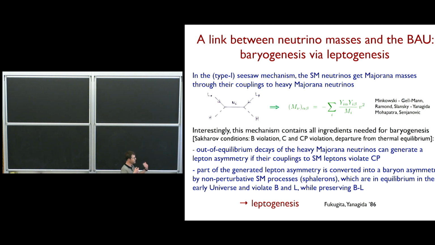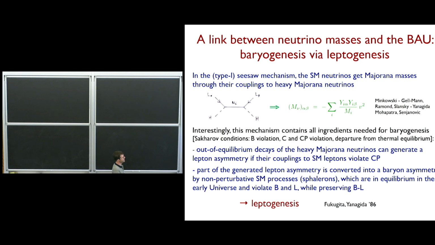You need to depart from thermal equilibrium in order to generate an asymmetry. And the departure from equilibrium is going to be due to the expansion of the universe. So when the temperature of the universe drops below the heavy Majorana neutrino mass, they will decay out of equilibrium. And since they have their couplings to the lepton and Higgs doublets, these Yukawa couplings here, in principle are complex.